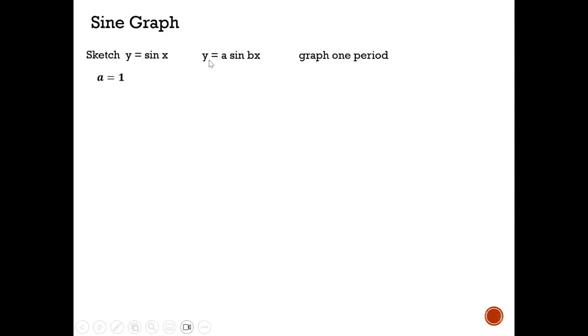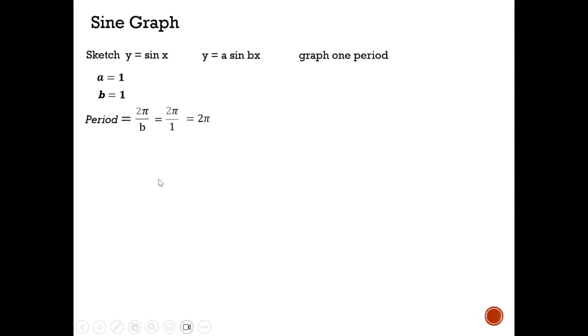Here my a is equal to 1, because there's no coefficient in front of sine, so we know it's a 1. My b is also 1, because there's no coefficient in front of x, so we know it's 1. Then I need to find my period. My period will be 2 pi over b. My b is equal to 1, so I plug in 1 for b, which will be 2 pi over 1, which is 2 pi.